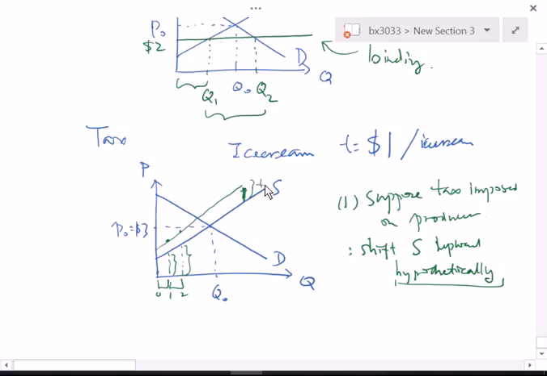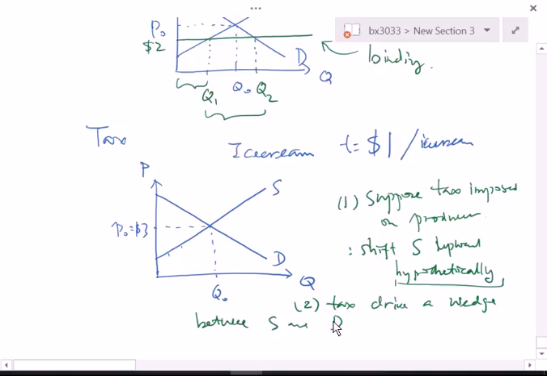An easier and more straightforward way to put a tax into the supply and demand diagram is by saying that this tax drives a wedge between supply and demand on the left side of the equilibrium.